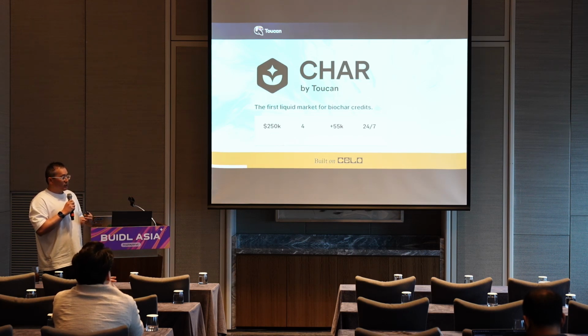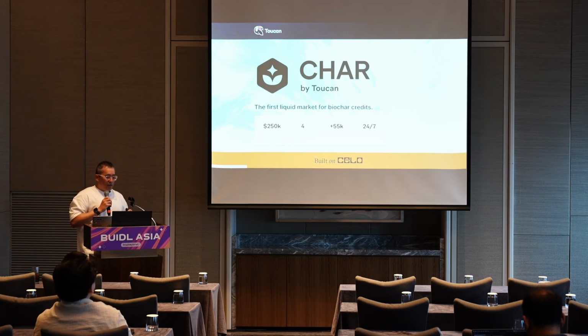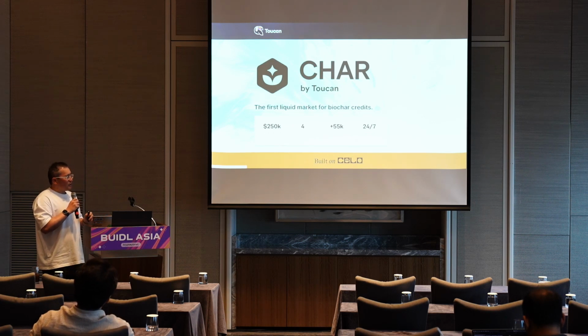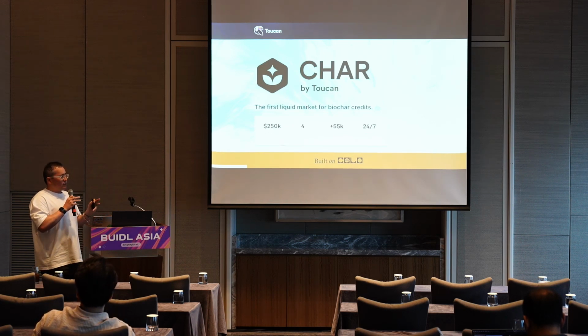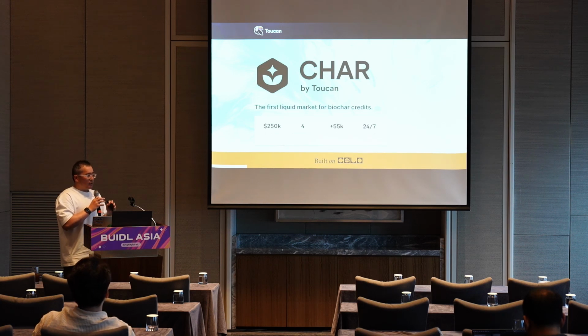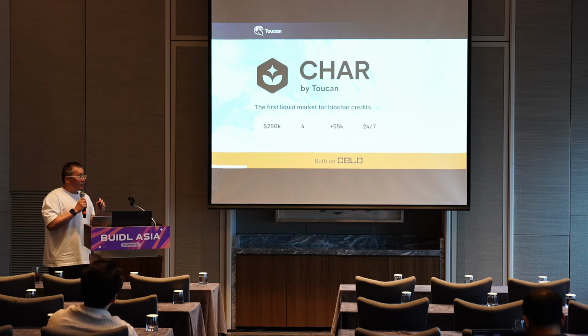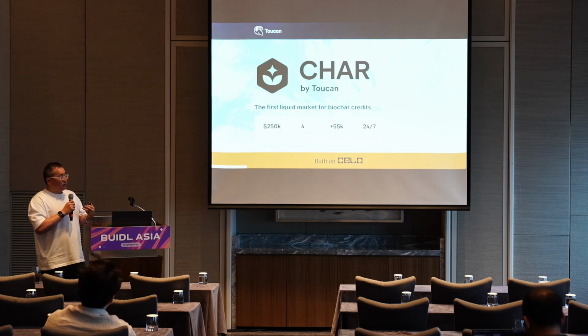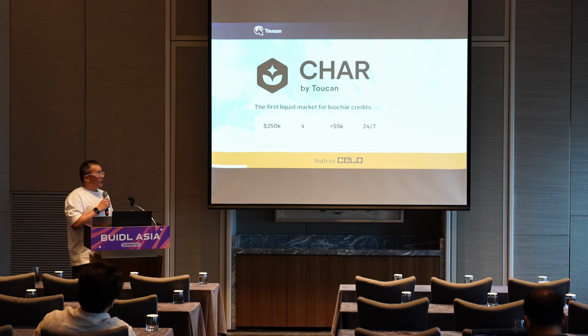Toucan produces the first market for biochar, and now we're starting to get into more climate projects. They have done, I think, 50,000 retirements. If you've ever heard of carbon offset credits, it doesn't mean anything until you retire them. When you retire them, you actually wipe them off. And they've done quite a bit of that.